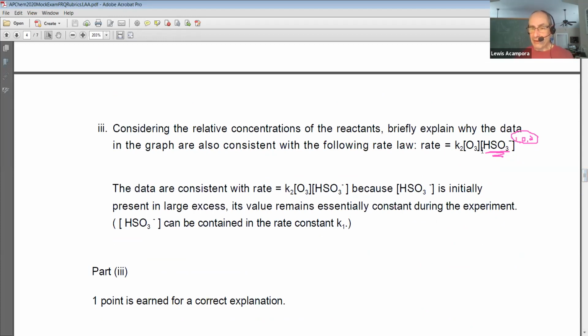If I now do the same reaction, but I've doubled this, still in large excess, but now its constant value is twice what it was before, then the rate would be doubled, because I'd have the ozone times this to the first power. Doubling the hydrogen sulfide concentration would double the rate. If this were to the second power, if it were second order, then a doubling of the hydrogen sulfide concentration would quadruple the reaction rate. And obviously, if it were zero order, it would have no effect.